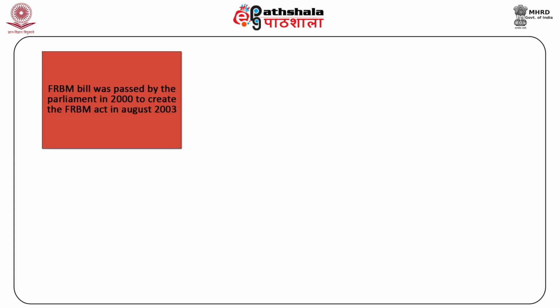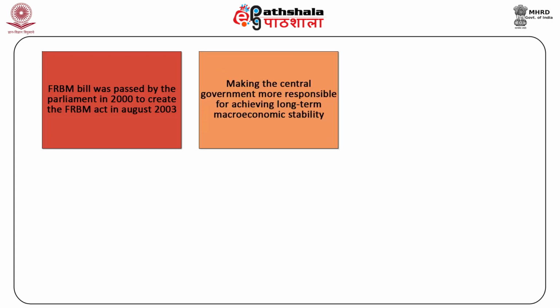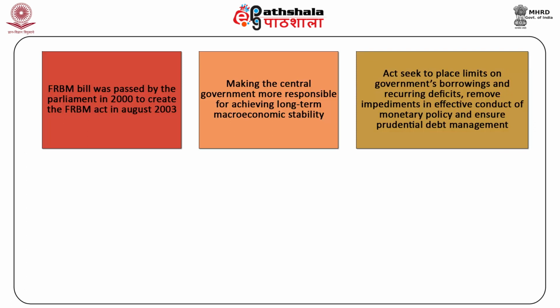The FRBM Act aims at making the central government more responsible for achieving long term macroeconomic stability through prudent fiscal management. The provisions of the Act seek to place limits on government's borrowings and recurring deficits, remove impediments in effective conduct of monetary policy, and ensure prudential debt management.